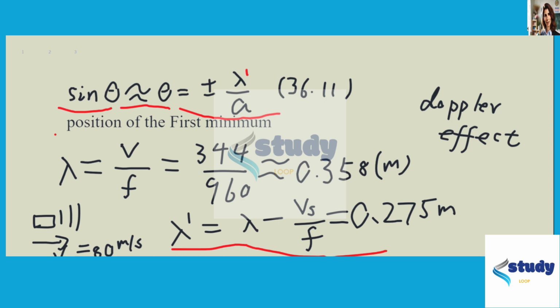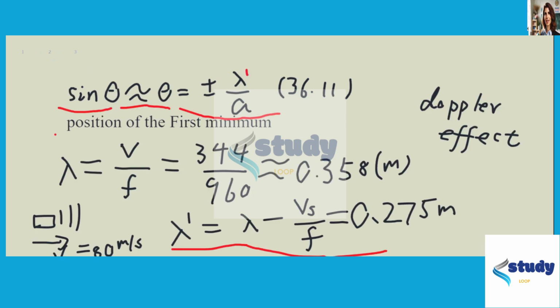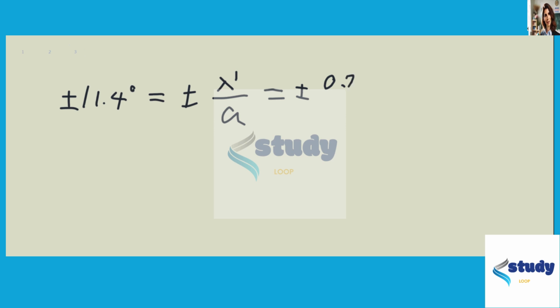And angle theta is just 11.4 degrees. So we can write it down here: 11.4 degrees equals plus or minus the effective wavelength lambda prime divided by A, so it equals plus or minus 0.275 divided by A. For the calculation, we should convert the angle from degrees to radians.